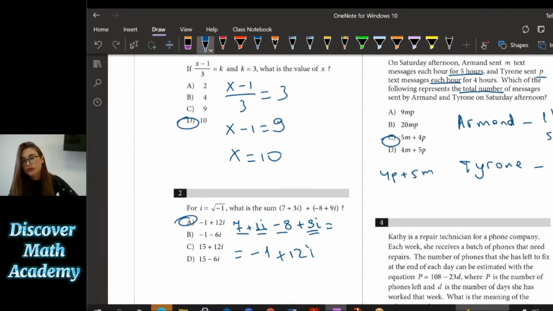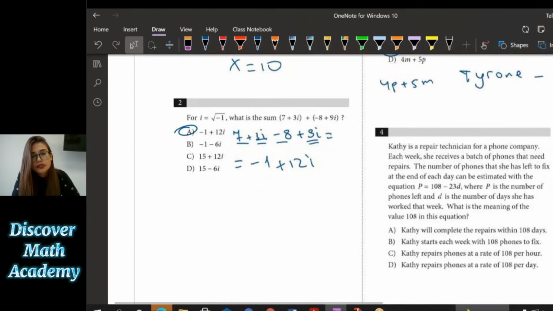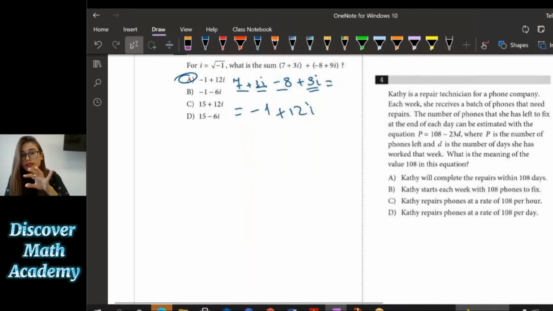Let's look at question 4. Katie is a repair technician for a phone company. Each week, we are talking about a week. She receives a batch of phones that need repairs.